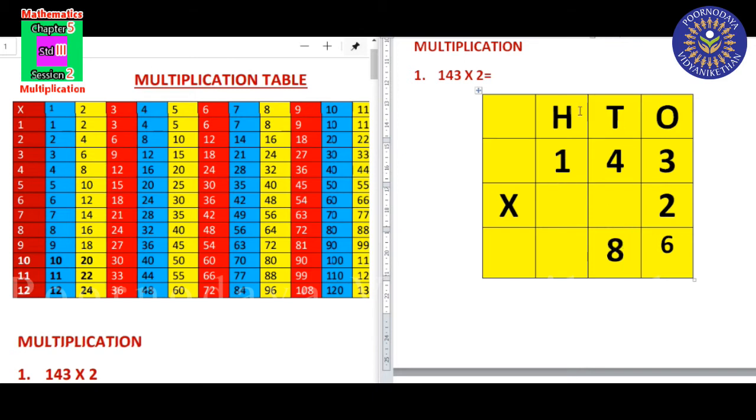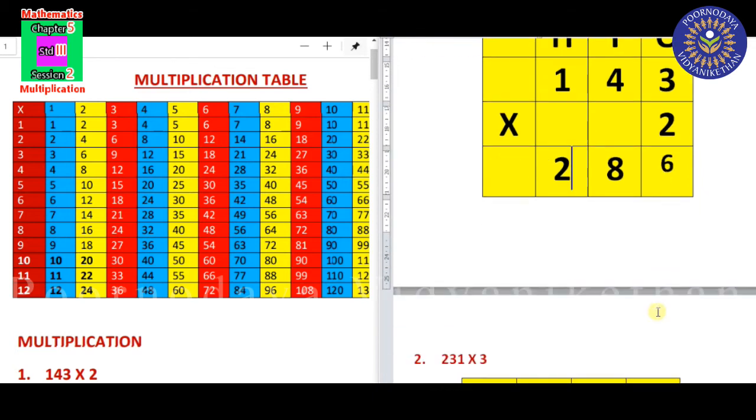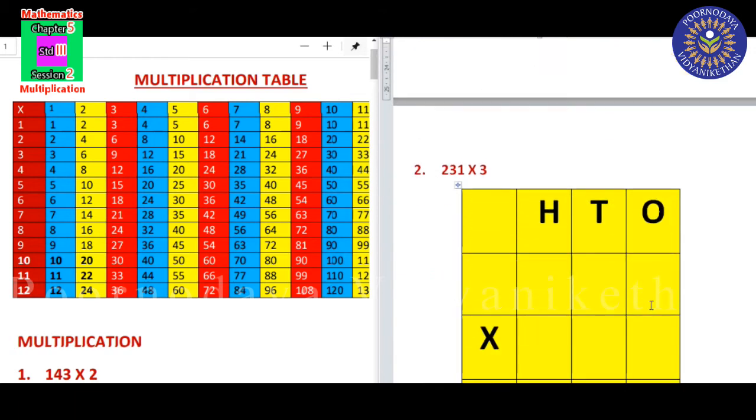Then next, in hundreds place, you have to multiply by this 2. 1, 2 is 2. So, our answer is 143 into 2 is equal to 286. Clear?